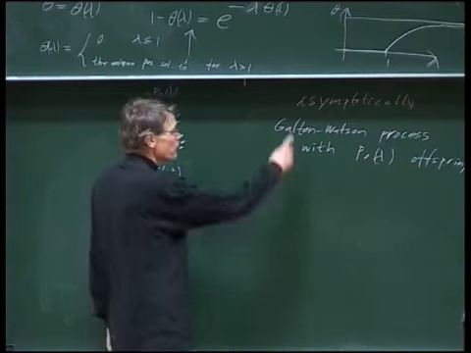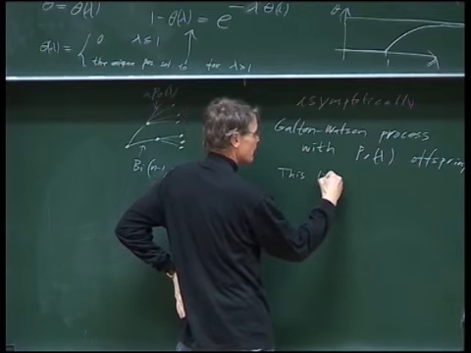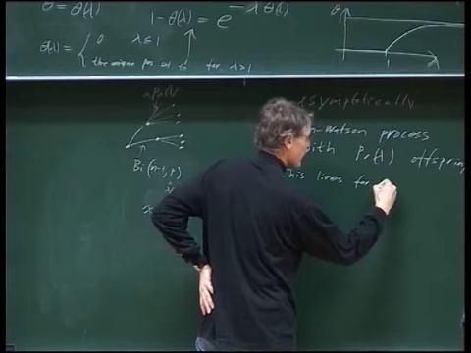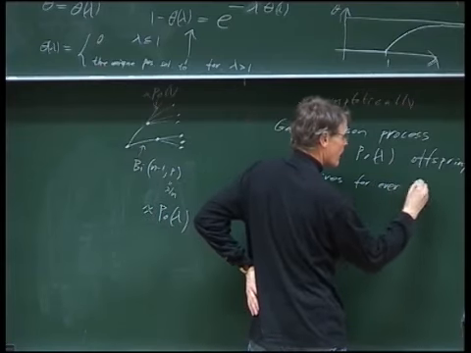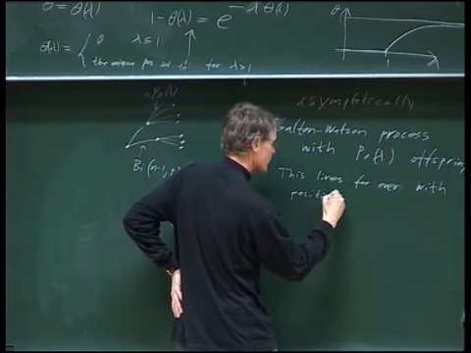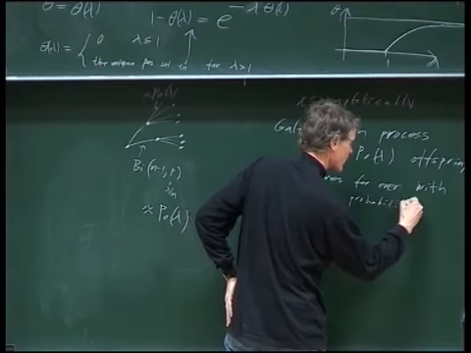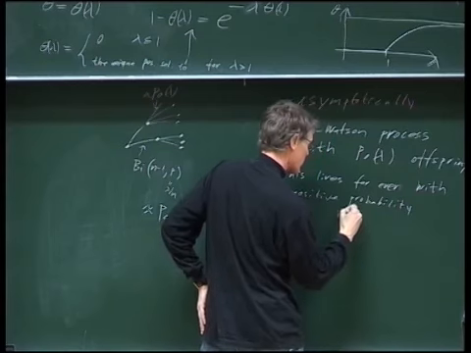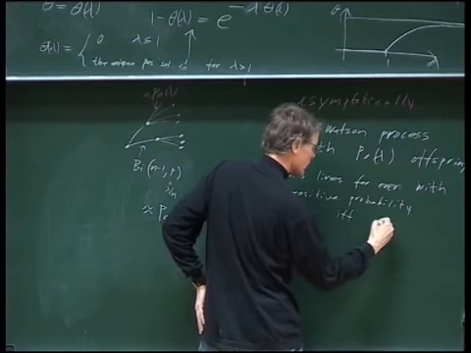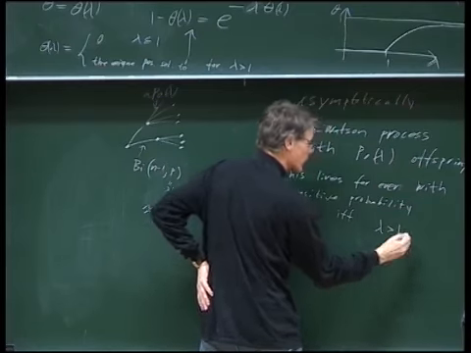So that's a well-known fact that this lives forever with positive probability if and only if the expected number, which is lambda, is greater than 1.